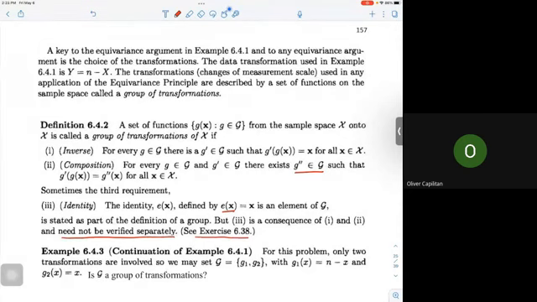It's actually an exercise in 6.38. Take note, we have here an ontoness property of our function. In other words, we have here g, which is a function from the sample space script X to script X, and it is onto.